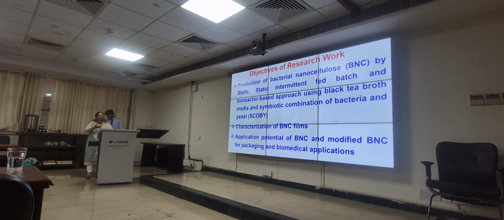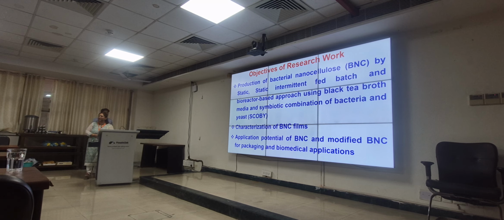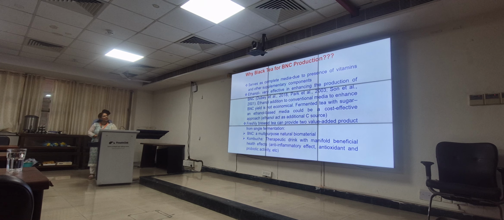So my objective is the production of bacterial nanocellulose by the static intermittent fed batch and bioreactor based approach, using black tea broth as a cost-effective media, and a symbiotic combination of bacteria and yeast as a co-culture. Then its characterization and finally its application potential towards packaging and biomedical applications.